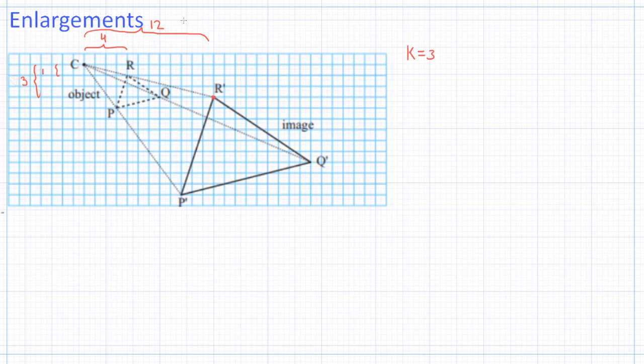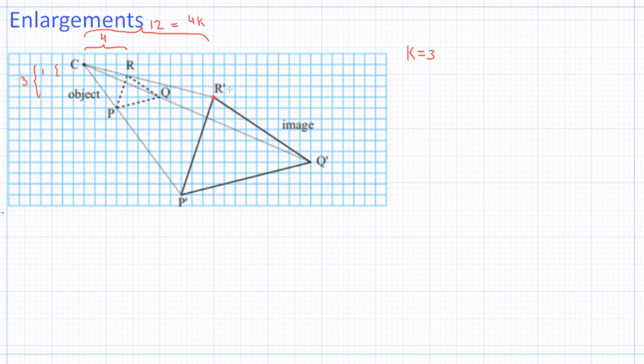This is actually the original coordinate 4 compared to C, times K. In this case, K is 3. I'm enlarging my picture by 3, making it larger. And here it's the same thing, this is 1 times K, so that's 1K. We can do exactly the same thing for the other points.